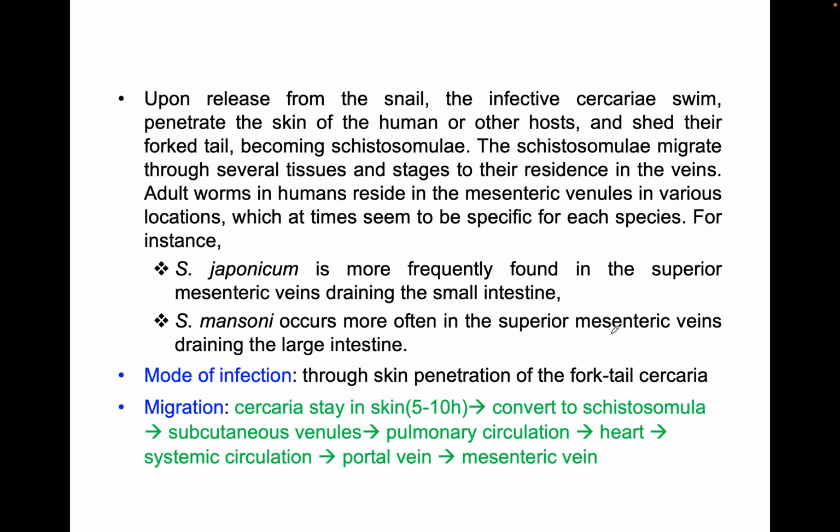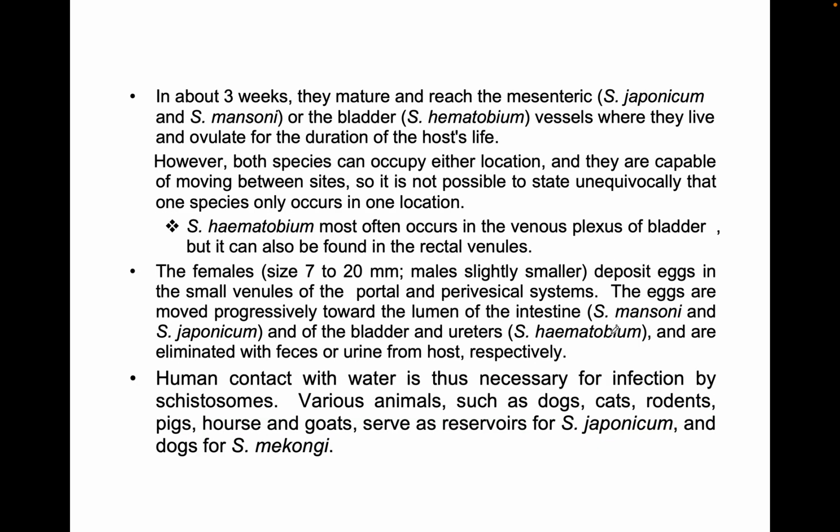The migration route for the cercaria is: first they stay several hours in the skin, and then they convert into schistosomula. They find their way into the subcutaneous venules, then into the pulmonary circulation, then to the heart, then they join the systemic circulation, and last they go to the portal vein and into the mesenteric veins.